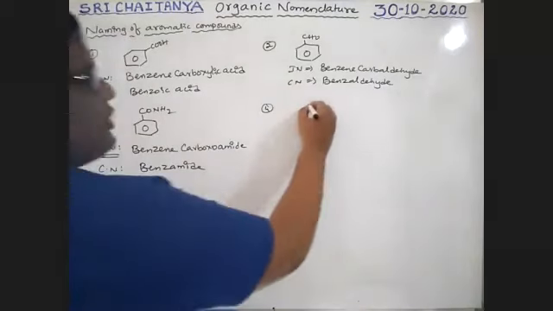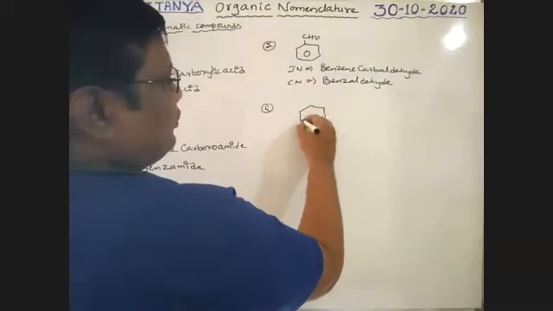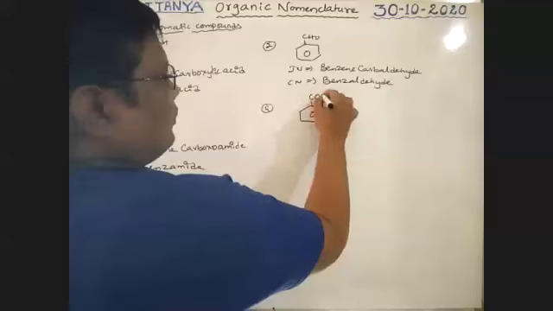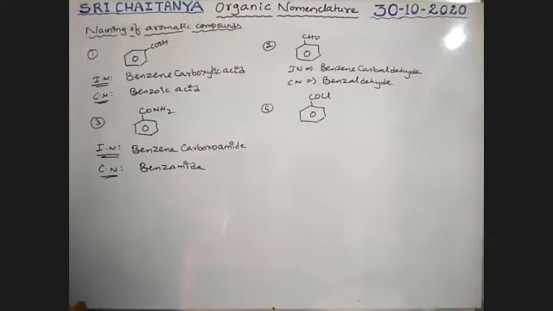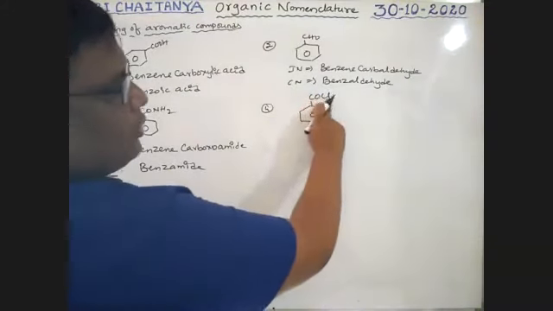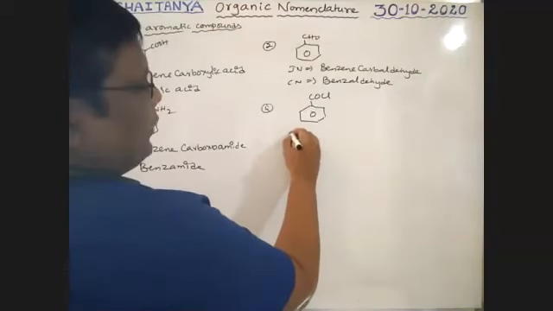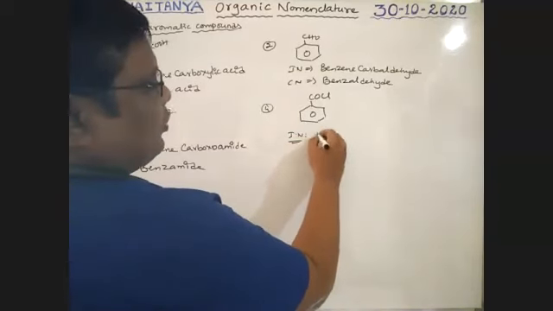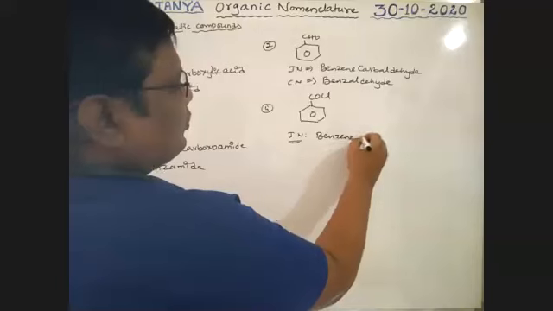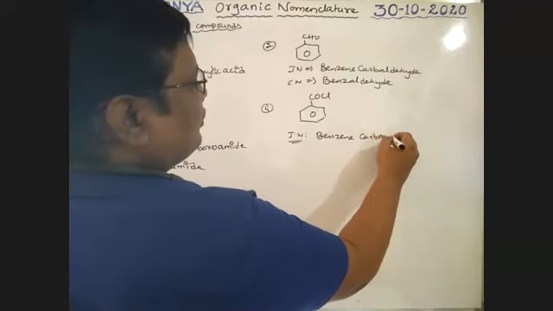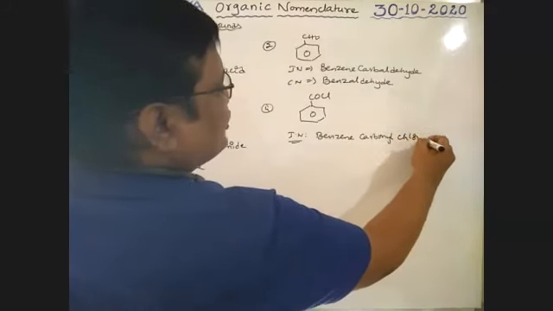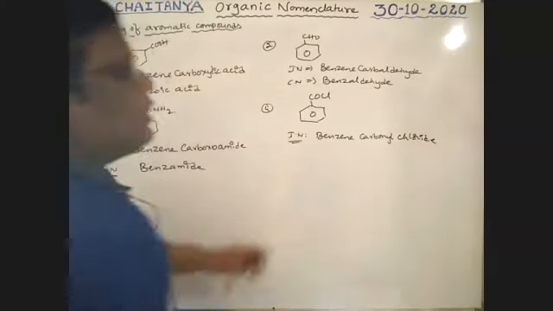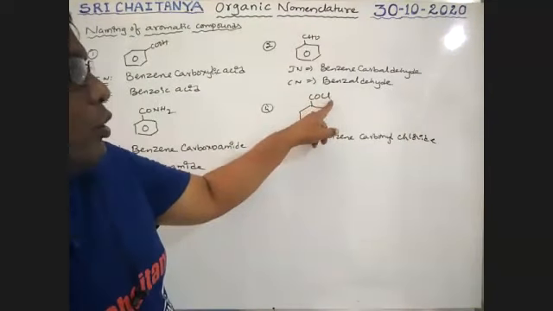Fourth one, that is when benzene is connected with COCl. It is a carbonyl chloride. So its IUPAC name is benzene carbonyl chloride. Boys, if it is taken as a substituent, chlorocarbonyl is used.